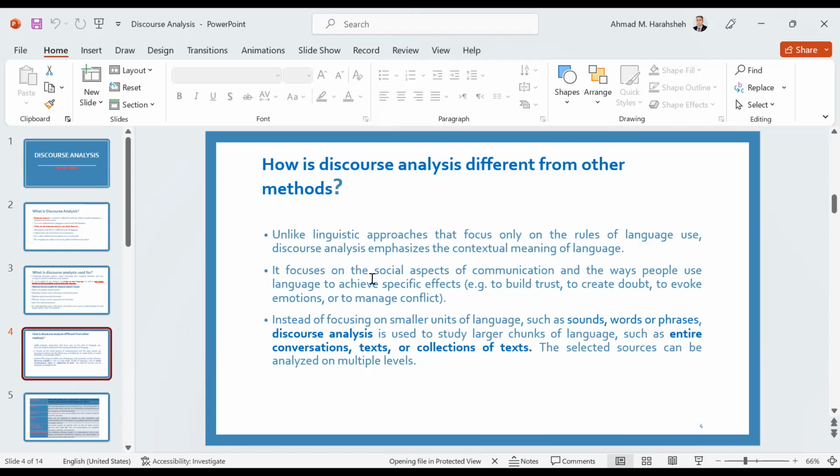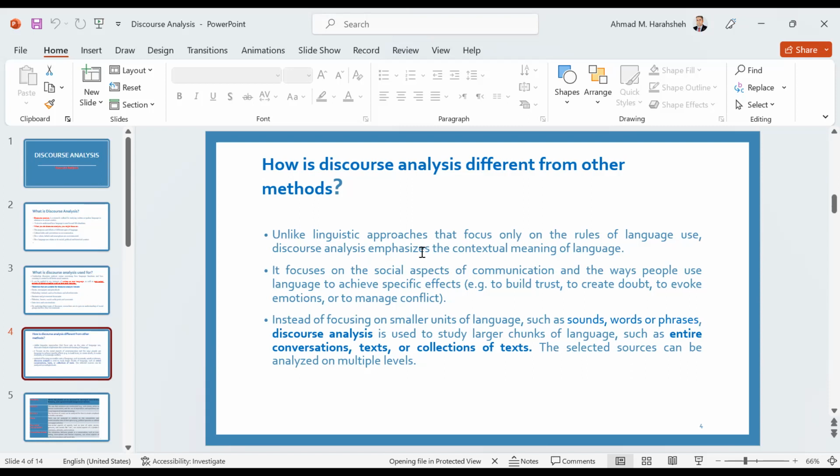Unlike linguistic approaches that focus only on the rules of language use, discourse analysis emphasizes the contextual meaning of the language. Here you have to keep in mind, guys, that when we conduct a discourse analysis, or use it as an approach for analyzing our data, we have to focus on the contextual meaning.